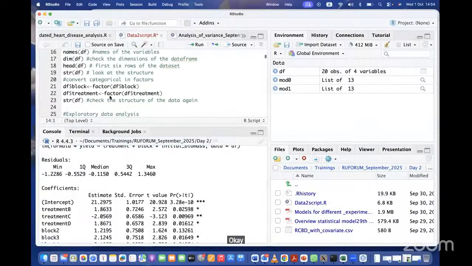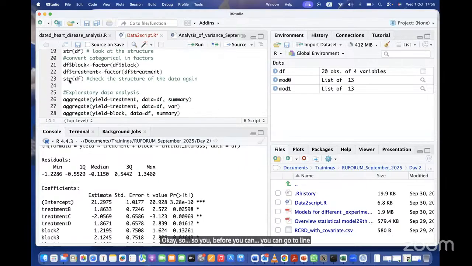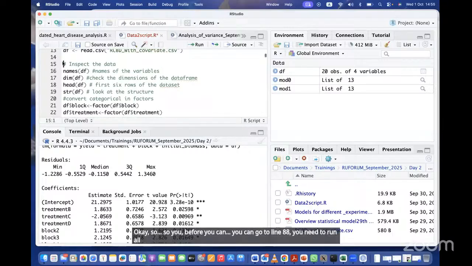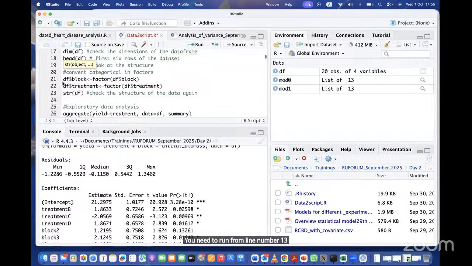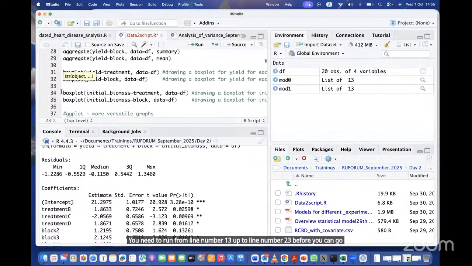Before you can go to line 88, you need to run all these lines here. You need to run from line number 13 up to line number 23 before you can go to line number 88.